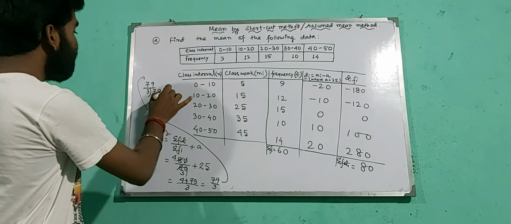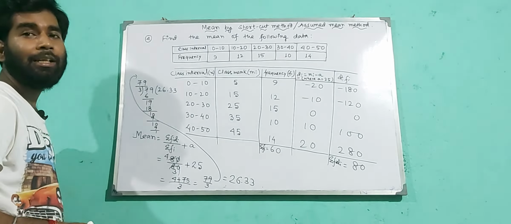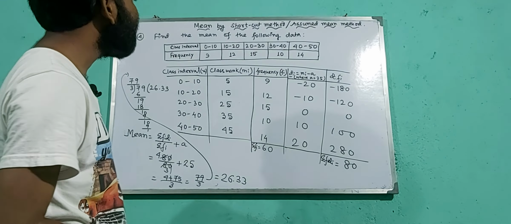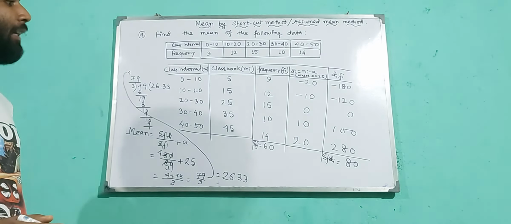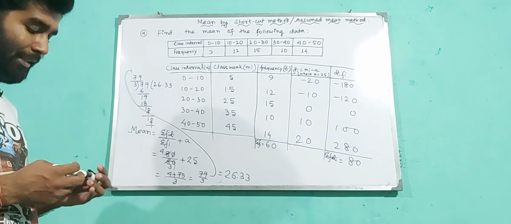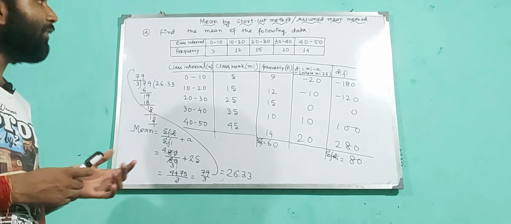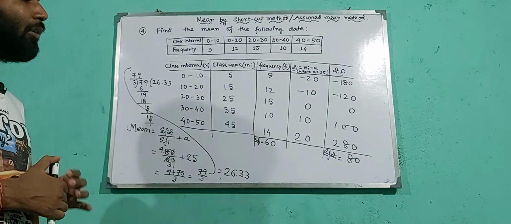What will be the answer? Equals to 26.33. You can easily understand. You can take a screenshot, and if you can't understand, you can repeat it again and again to see. It's easy process, I will not waste the time, I will start the other method.